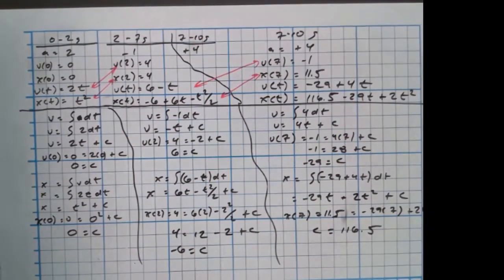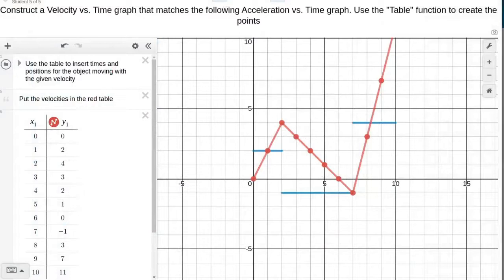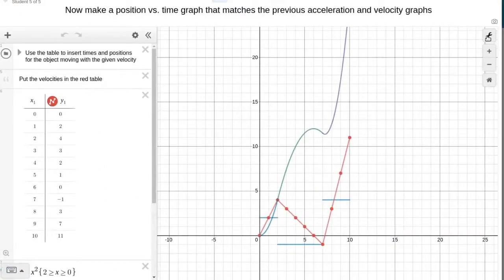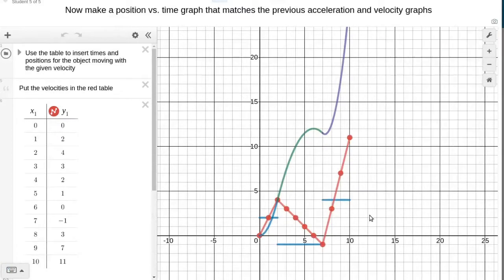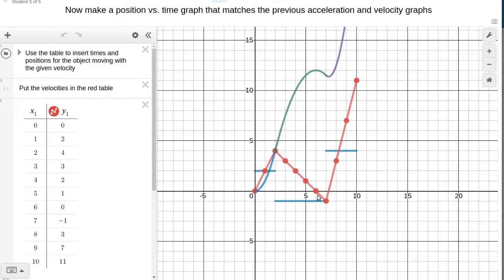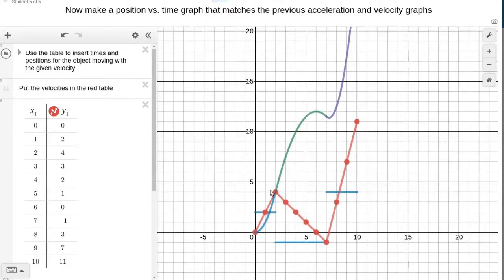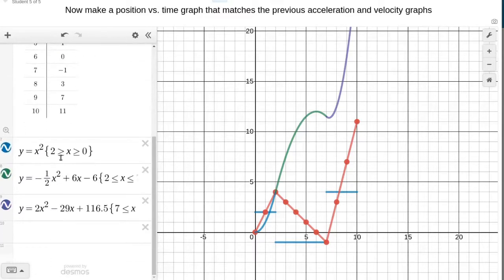So you can put all of those into your graph over here, and this is what that looks like. You've got the position function in several pieces, you've got the velocity function in pieces, and you've got the acceleration function in pieces. And this is what those equations look like. You can see that we've restricted the domain so that it's only showing for those 2 seconds.